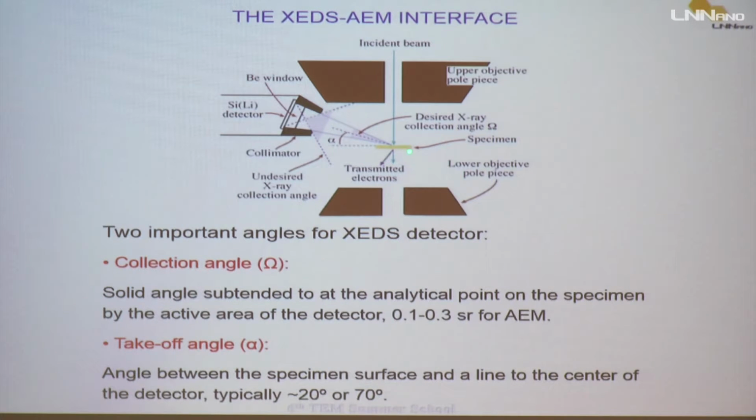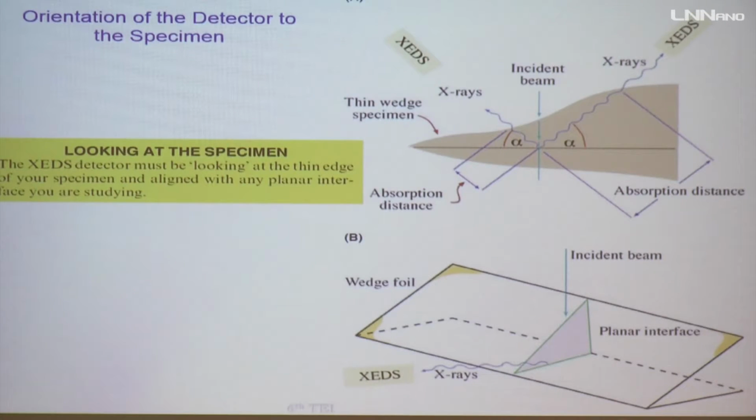That means the angle between the front face of your detector and the surface of your specimen, okay? Typically, it is between 20 and 70 degrees, okay?